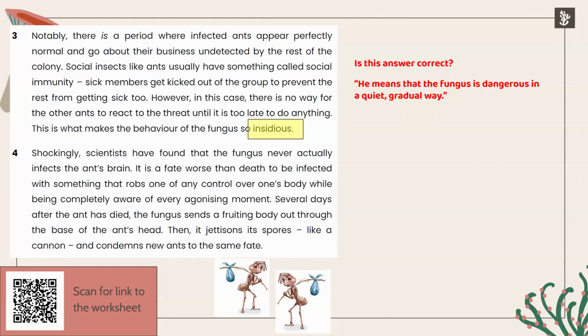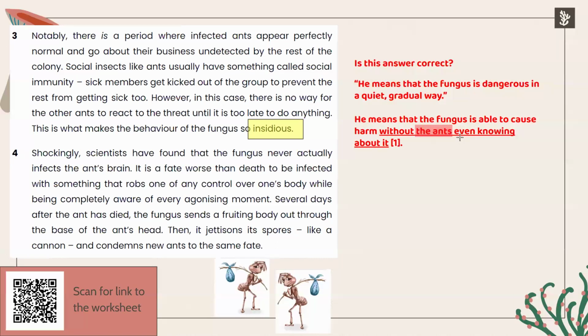Again, it is missing the ends. I am not contextualizing it. Good, Evan, it is incomplete. I need to mention the link back to the ants. He means that the fungus is able to cause harm, so it is dangerous, without the ants even knowing about it. Do you see what I mean? So just like the question earlier, I need to always be a bit more specific to the context.